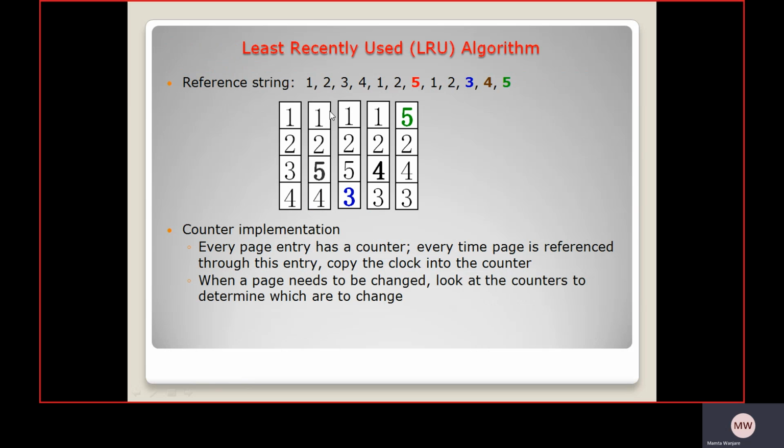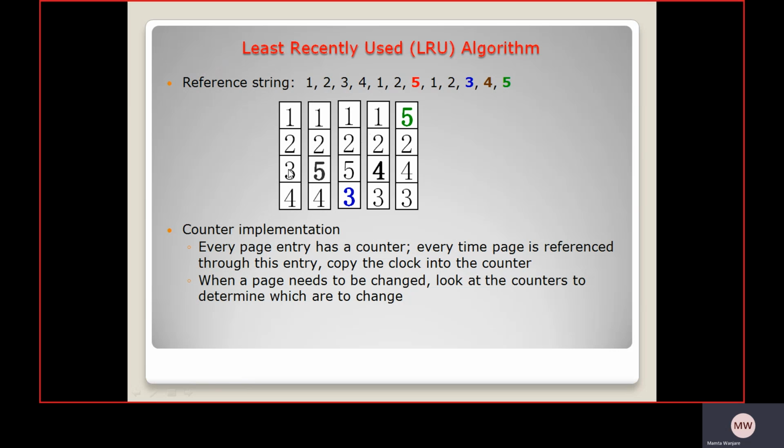One more example of the LRU algorithm is shown here. The reference string is 1 2 3 4 1 2 5 1 2 3 4 5, using 4 frames. We put 1, 2, 3, 4 one by one into the 4 frames. After that, 2 is also present.